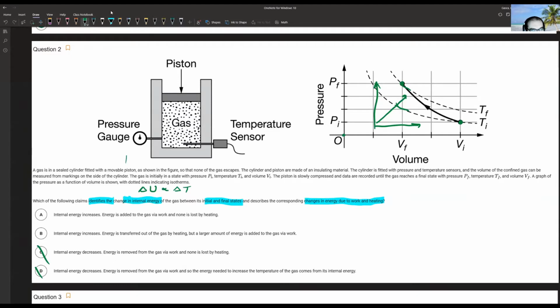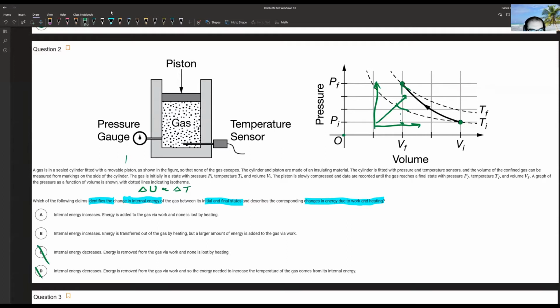And so the first one says energy is added to the gas via work and none is lost by heating. Number 2 says energy is transferred out of the gas by heating, but a larger amount of work is added to the gas via work. Okay. So if we look at this scenario here, we're changing our volume by about 2 counts, and it looks like we're changing our pressure by about 3 counts here.